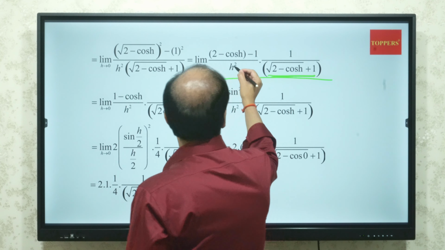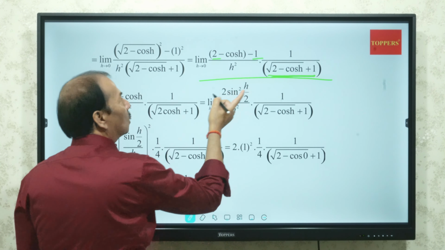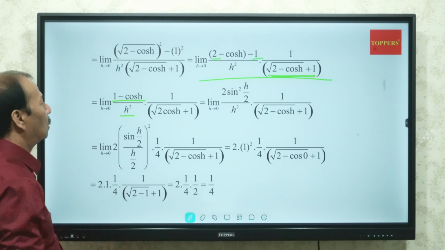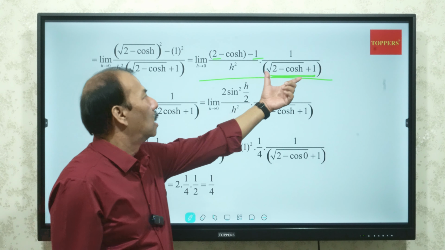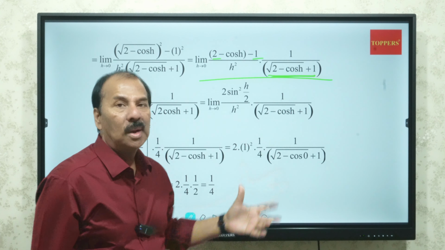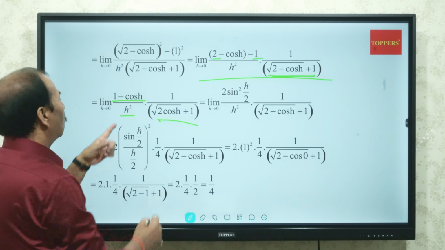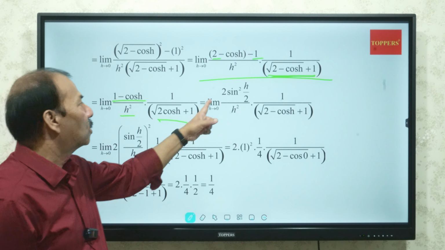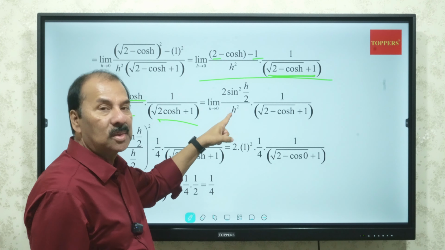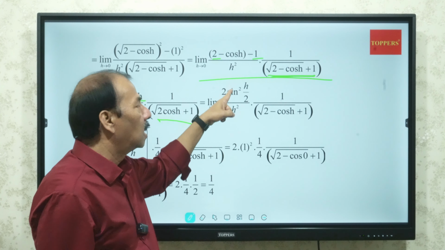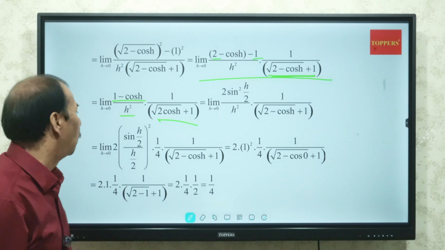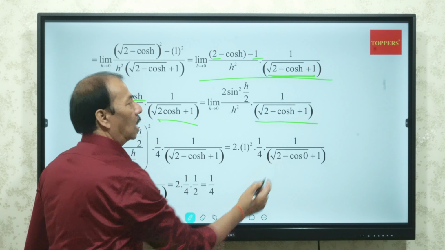So again we are getting 2 minus 1, which becomes 1. So 1 minus cos h divided by h square into 1 upon square root of 2 minus cos h plus 1. Again 1 minus cos h will be converted to 2 sine square h by 2, because h square is here and that will take care of the numerator part, into 1 upon this expression.